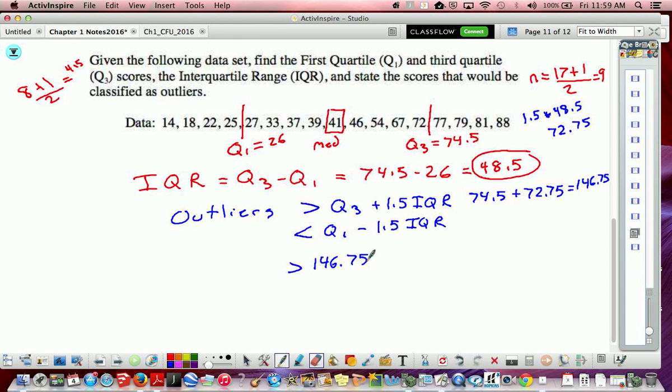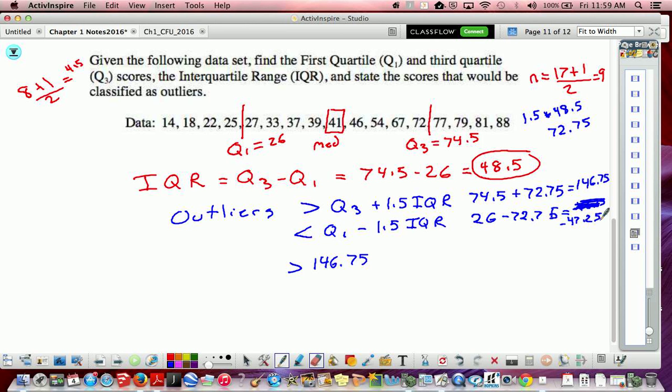Or it could be less than 26 minus that value. Which would be what? Negative 46.75? Oh, that's not right. Wouldn't it be 47.25? Yes, I realize I did that wrong.